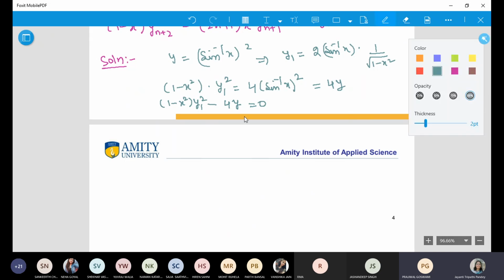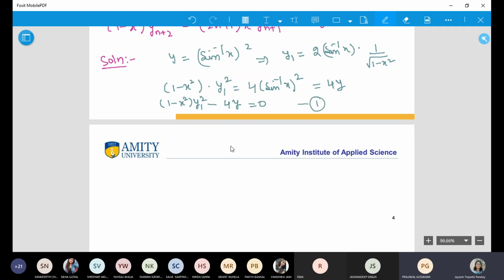Now, if this is with us, the next step is, mark this as equation 1, and differentiate it with respect to x. So you will get, just check if it is right or not.